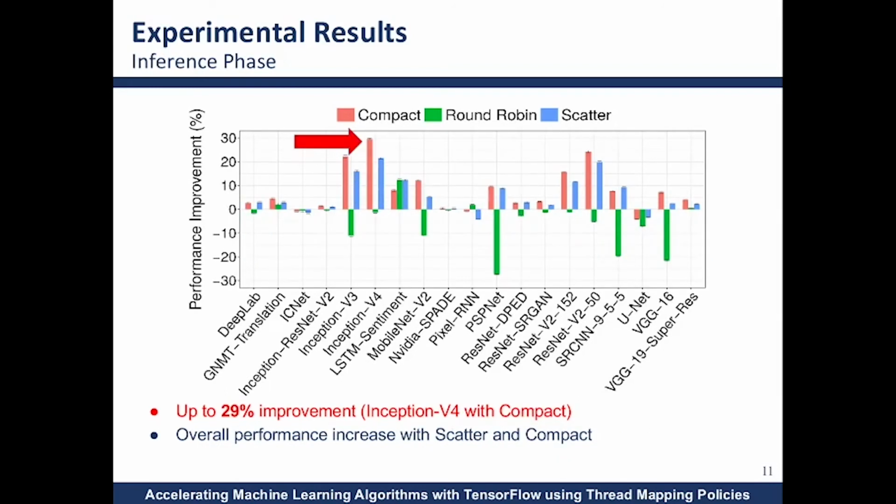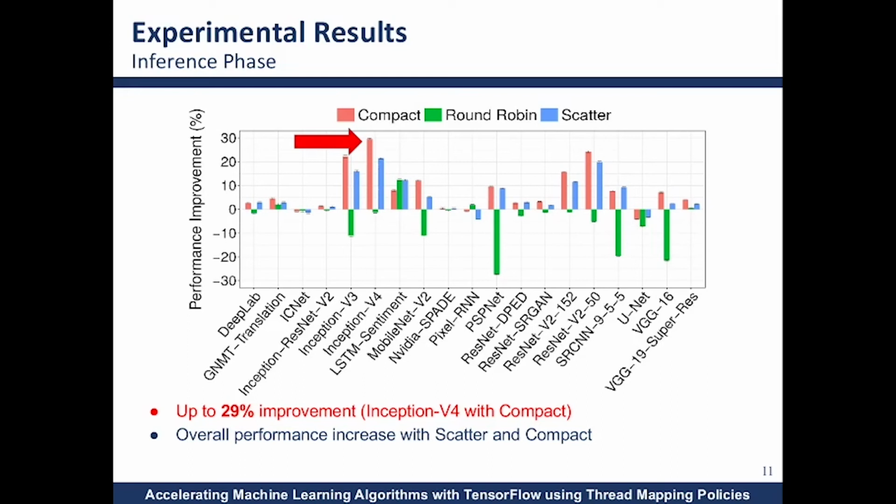This second set of results is for the inference phase of the benchmark. Here, similarly to the training phase, we also achieved performance improvements, up to 29%, not as large as in the training phase, but significant nevertheless.